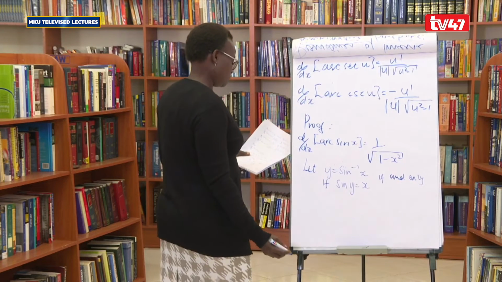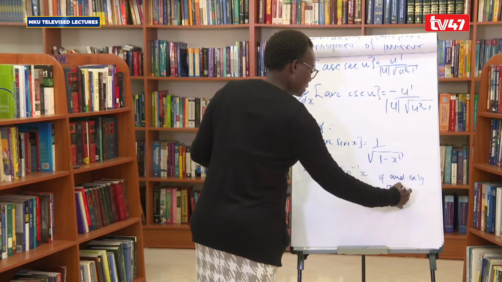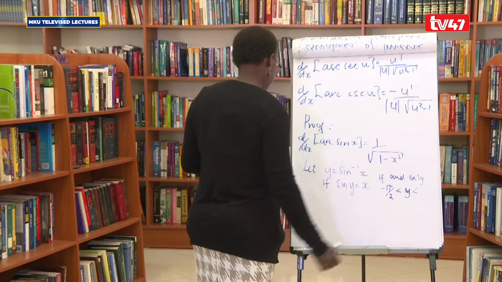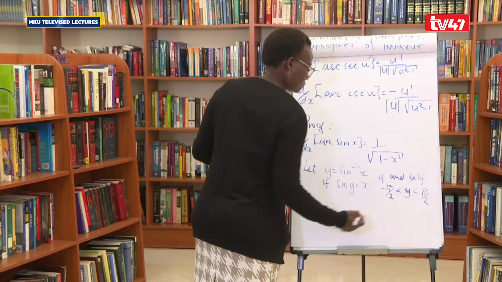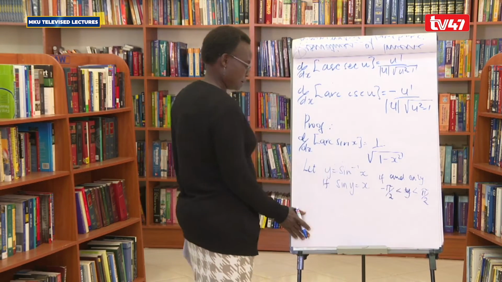And this is for the values of y, it should be y between negative pi over 2 and pi over 2. Yeah, values of y.